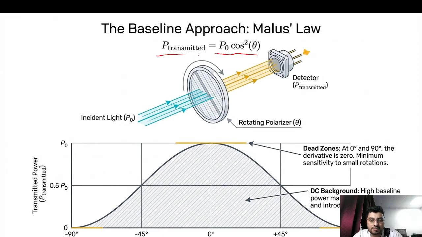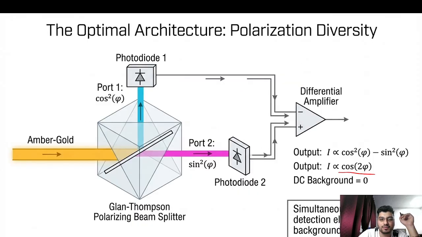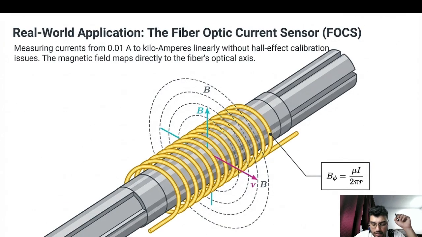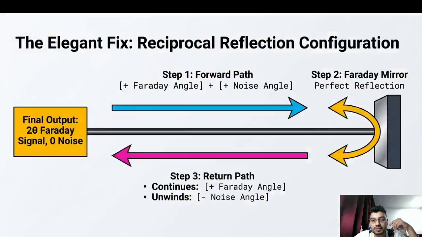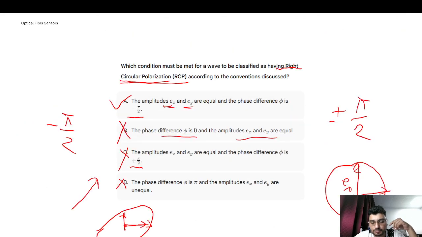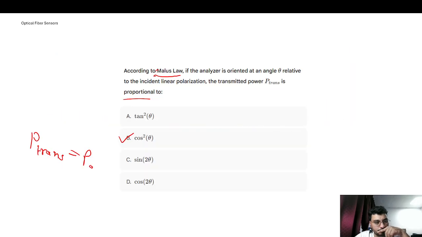P transmitted is proportional to cos square theta, not cos 2 theta. Cos 2 theta is for the differential intensity detection, what is coming in the reflected geometry and what is coming in the transmitted geometry, photodiodes. So that is totally different. So it's cos square theta. This is the correct answer for that.